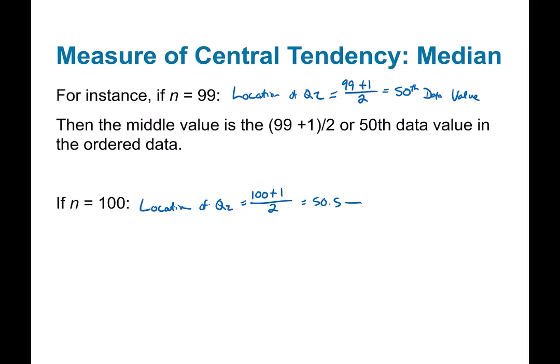So what this 50.5 tells us is you want to look at the two data values that surround this number, the two whole numbers closest to 50.5. Where is 50.5 in the middle of? In this case, it's the middle of the 50th data value and the 51st data value. So we find those two values and then find their midpoint, or their average.